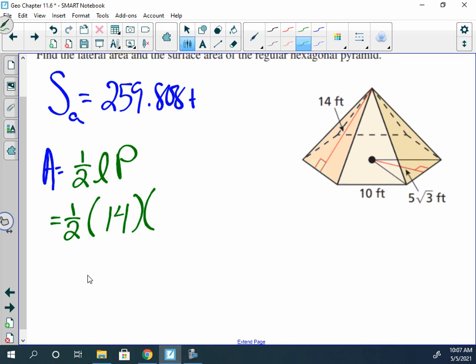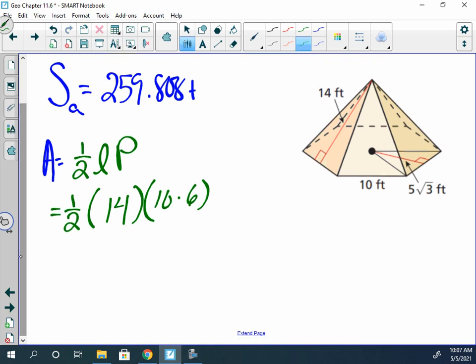How much is going to go all the way around? Now we can do 10 times 6, because we know it's regular, so all the side lengths are going to be the same. I think this is 420.